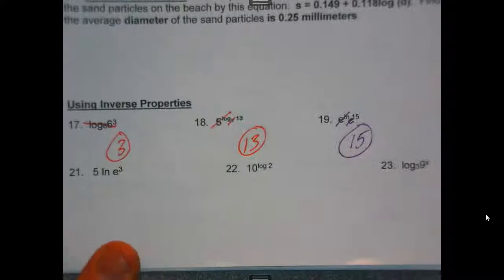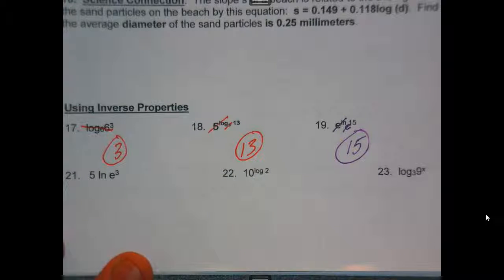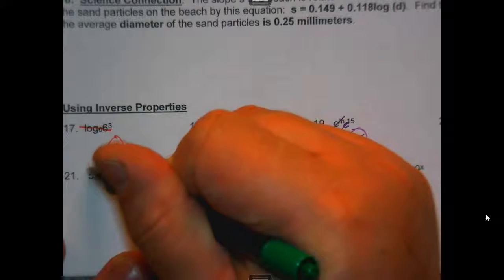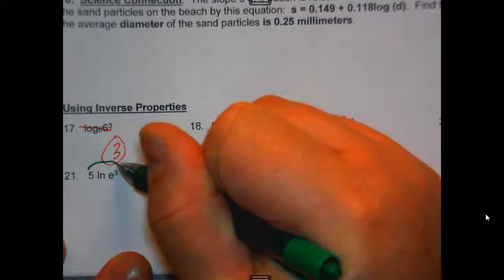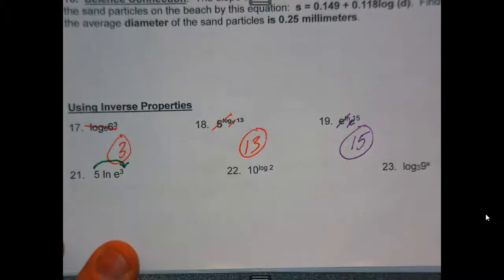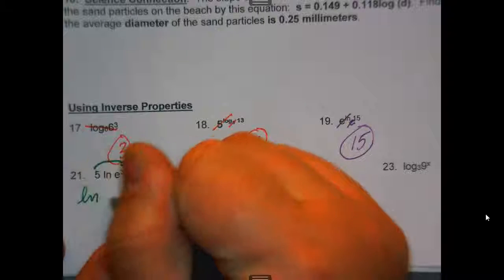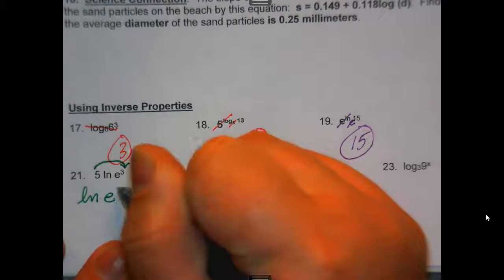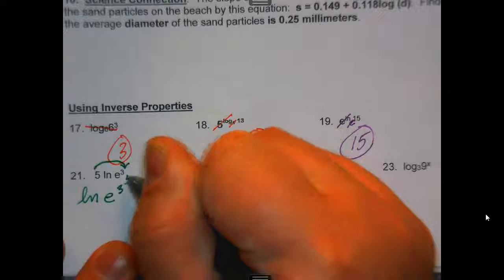All right, let's see, 21. I have a number in front of a log. What am I going to do with it? Put it in as an exponent of my y, right? I have ln of e to the 3 raised to the 5.